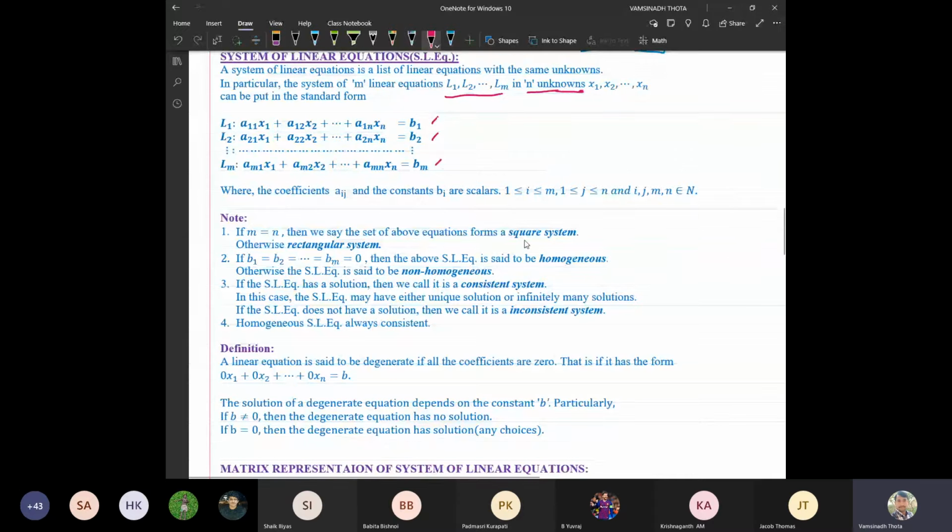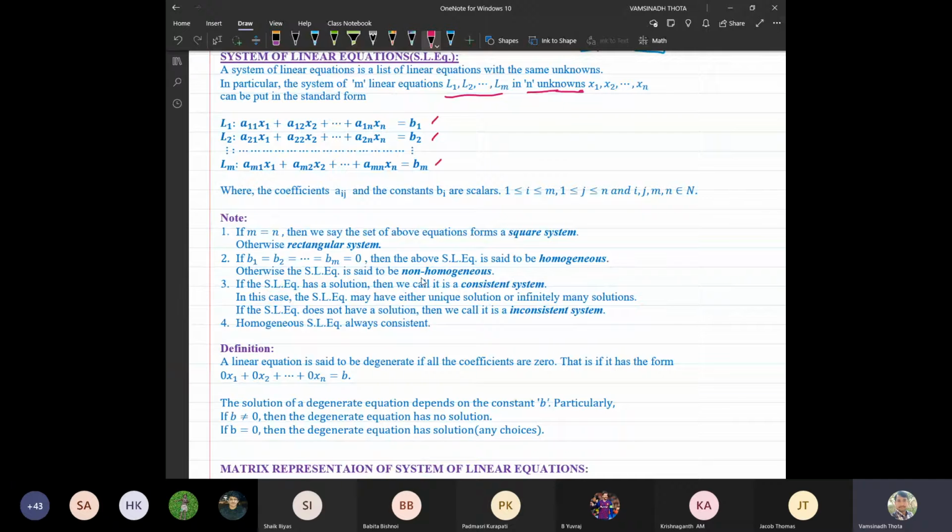I hope there is no need to mention why it's called a square system. Otherwise, we call it a rectangular system. And suppose b1, b2, and so on bm, all the constant terms on the right hand side, are 0, then such a system is called a homogeneous system.